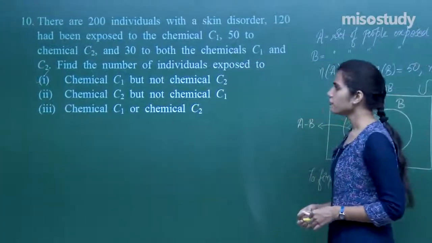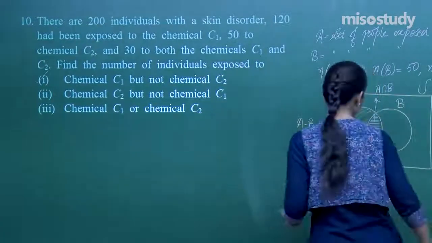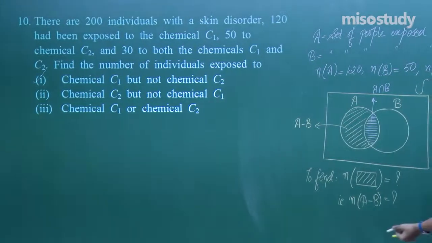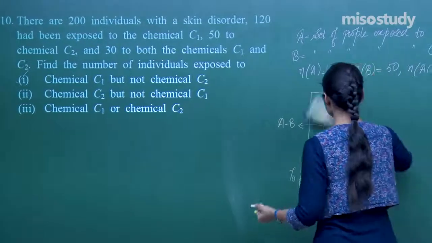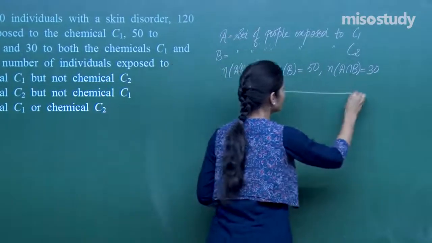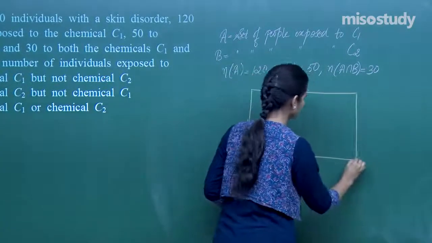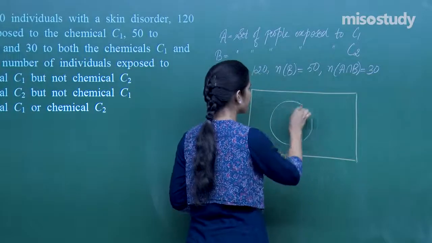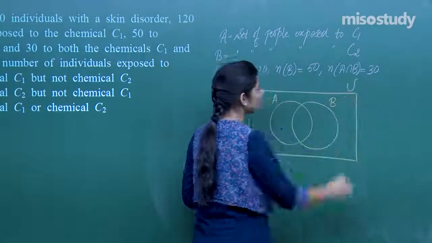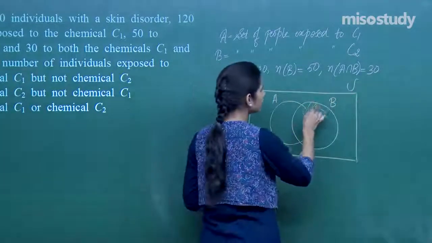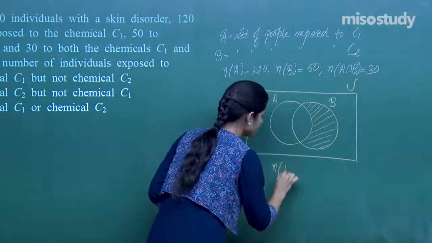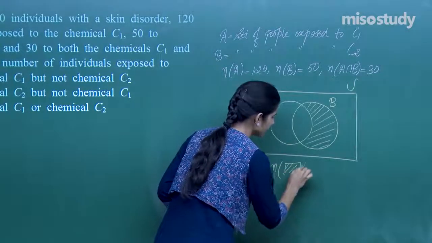Next I have to find the number of members exposed to chemical C2 but not chemical C1. Exact same approach. Here the only difference would be I would be focusing upon set B rather than set A. So that's my set A. That's set B. Exposed to chemical C2 but not chemical C1, I wish to find number of members in this shaded region.